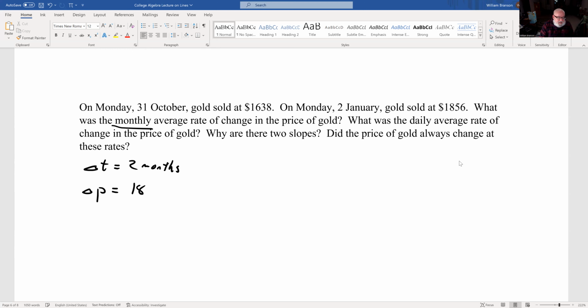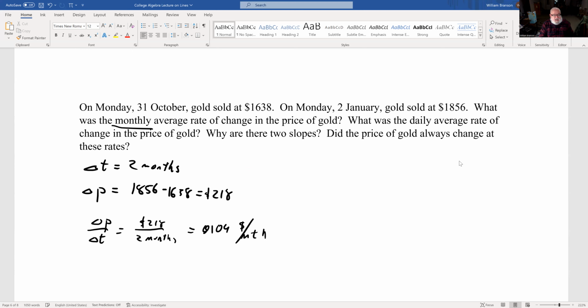Well, it's 1856 minus 1638, which is $218. So change in price over change in time is $218 over 2 months. So $109 per month, right? That's the average rate of change.